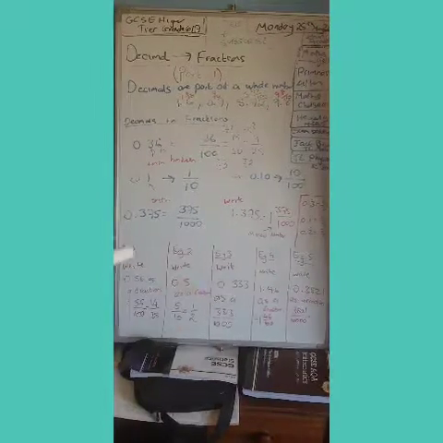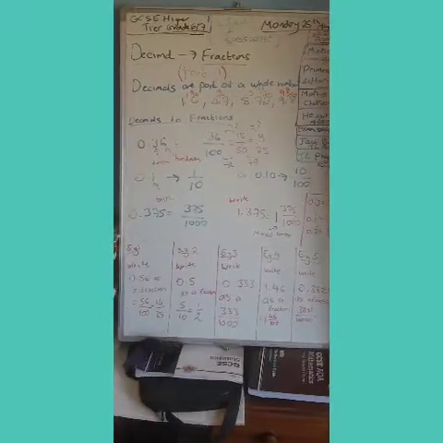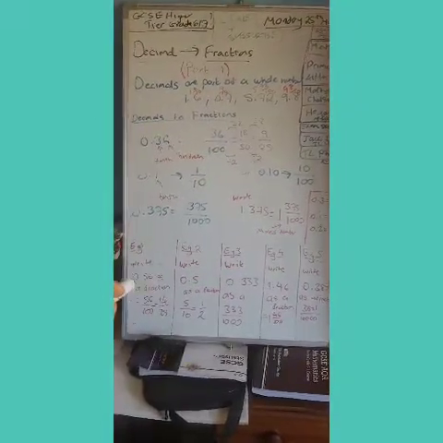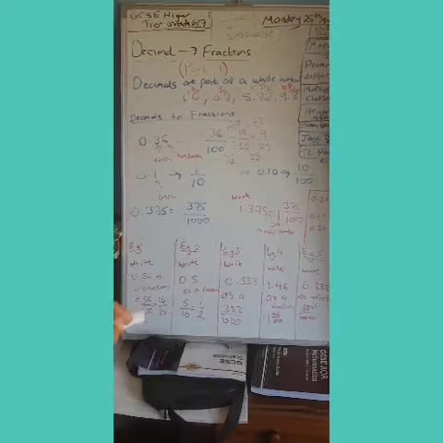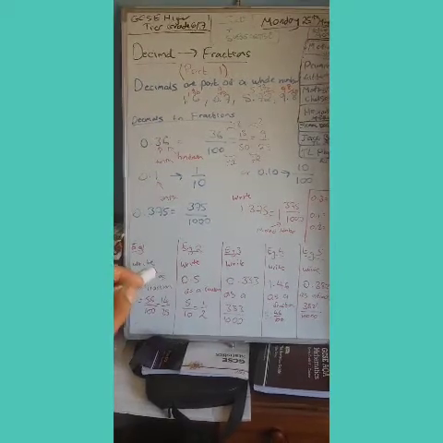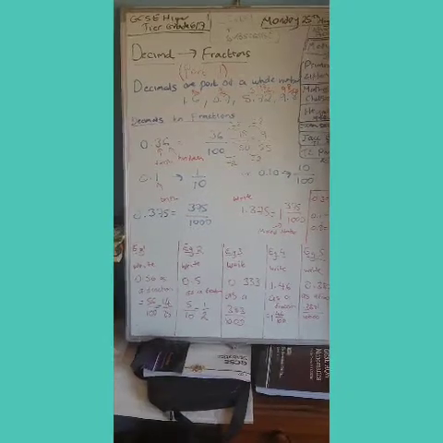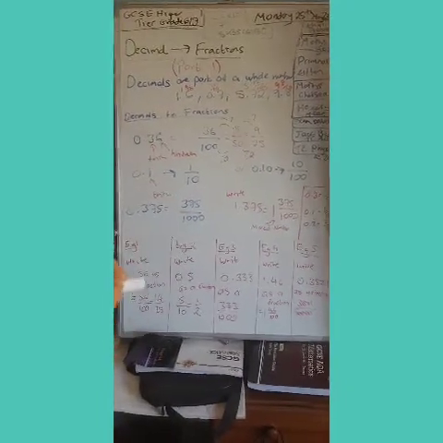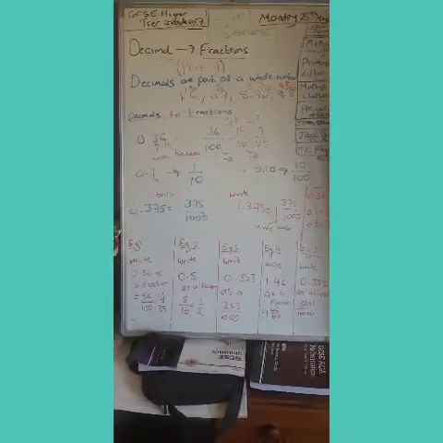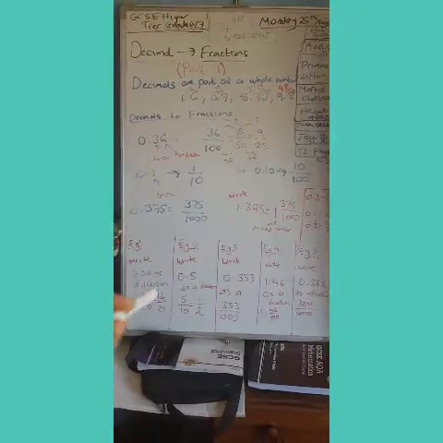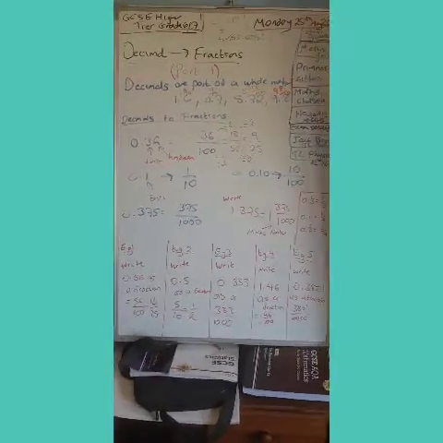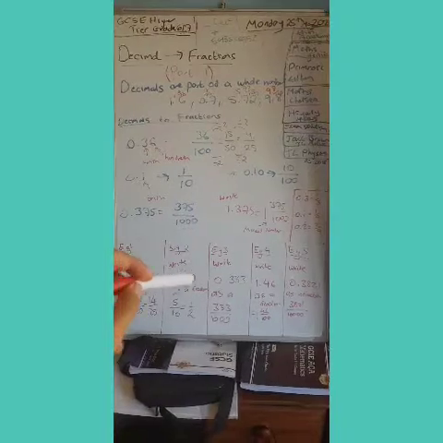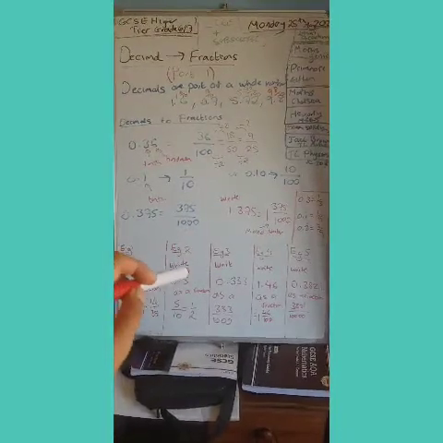We are going to quickly run through 5 examples. Example 1, write 0.56 as a fraction. 56 out of 100, because it ends in the hundredths, which is 14 over 25 if I divide top and bottom by 4. Example 2, 0.5 as a fraction, 5 over 10, because I've got 5 tenths.